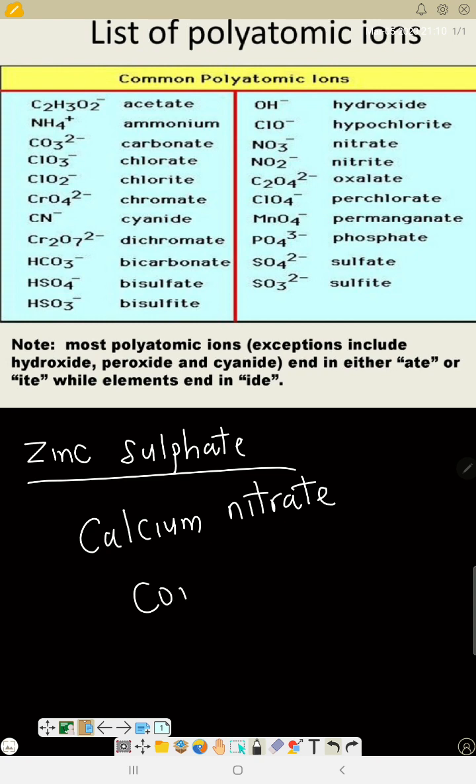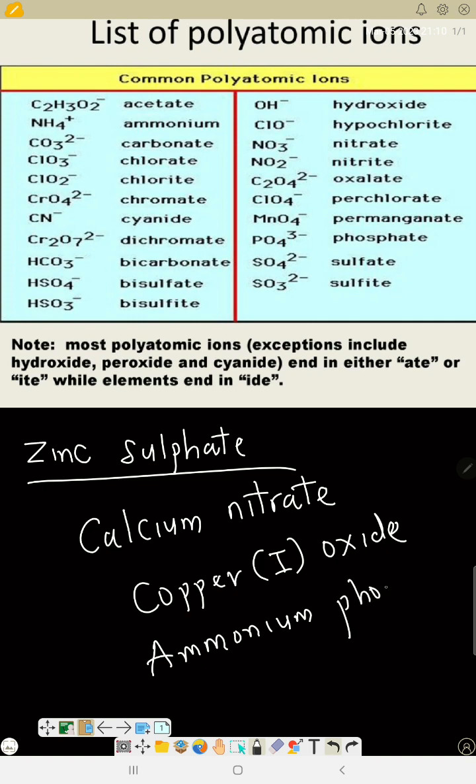Write copper, so based on the previous video, copper(I) oxide. So write potassium, we've done that one. So write ammonium phosphate, or ammonium tetraoxophosphate(V). So like that. So now in the next video we will see more examples.